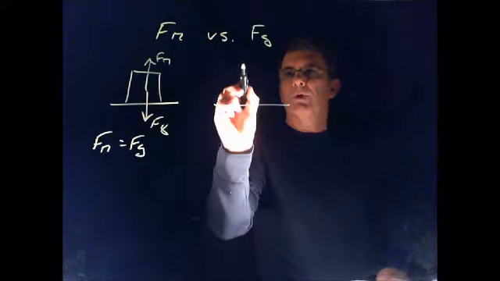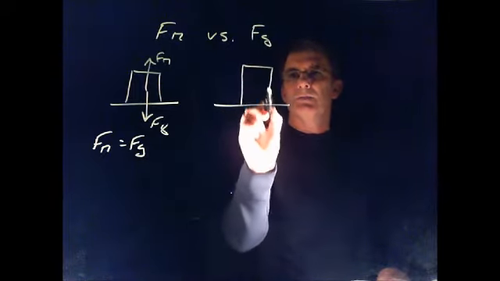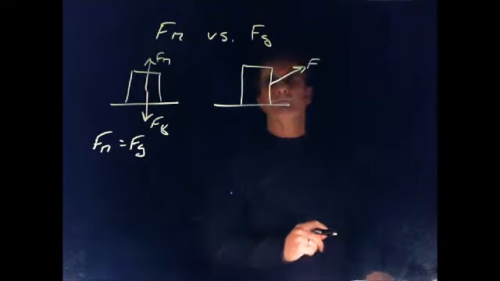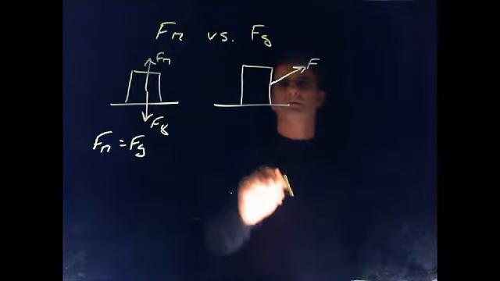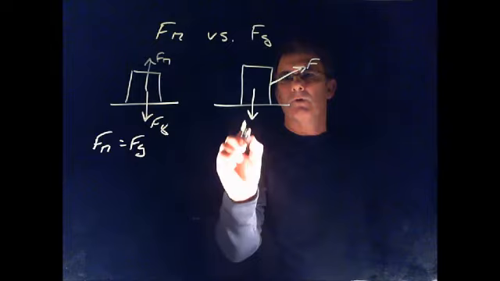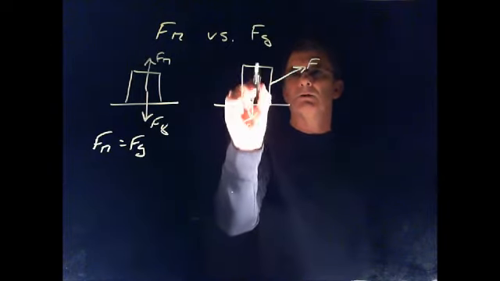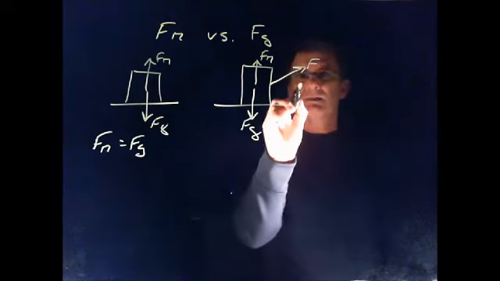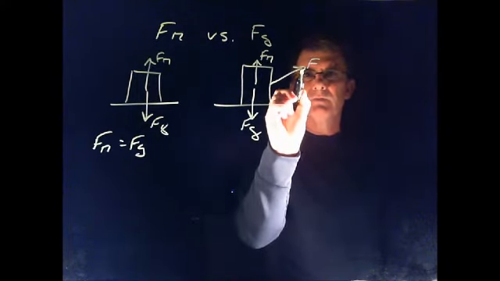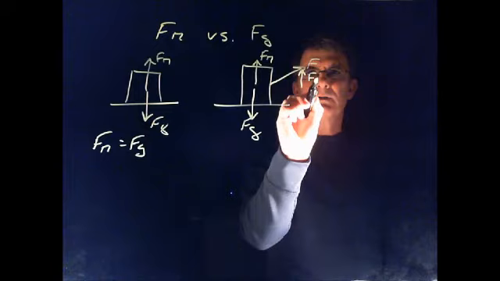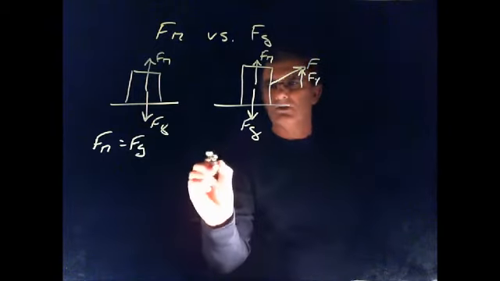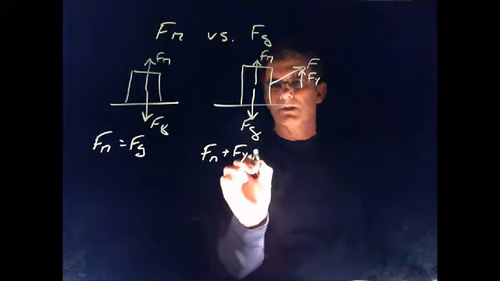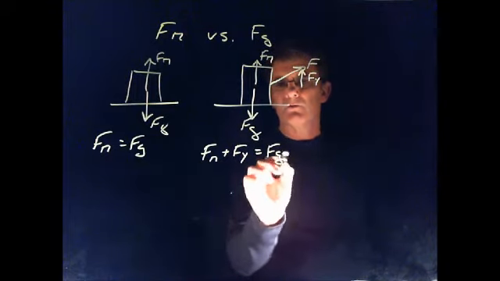We could have a problem where something is being pulled across a level surface at an angle from a force. Gravity is pulling it down. Normal force is pushing it up. In this case, there's a component of this pulling force also. And so we have the normal force plus that component is going to balance gravity.